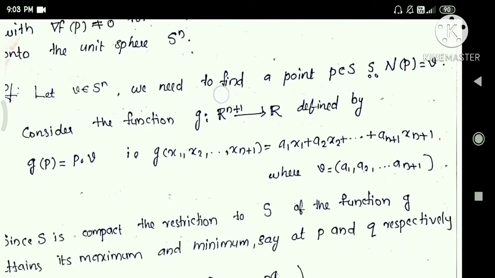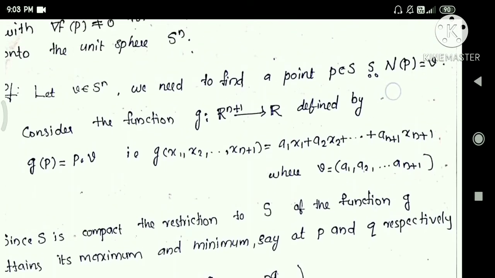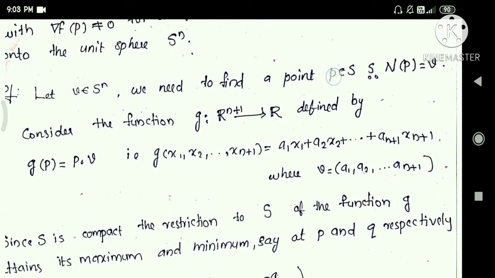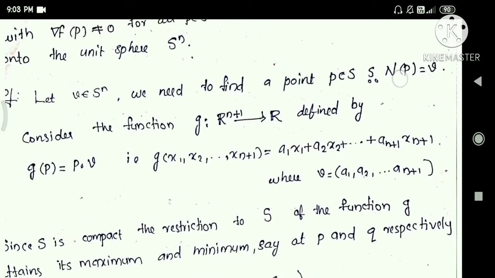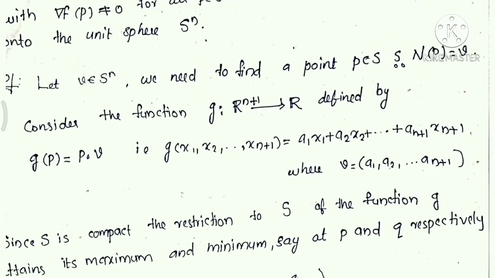We need to find a point p belonging to S such that n(p) equals v. If there exists such a point p, then we can say that this Gauss map is an onto function. Now let's start the proof.